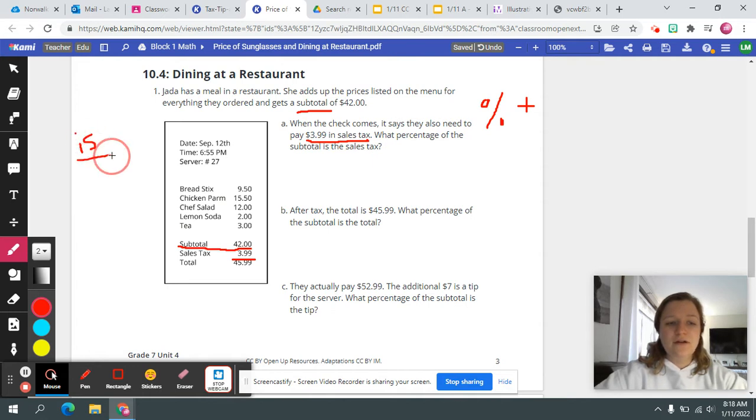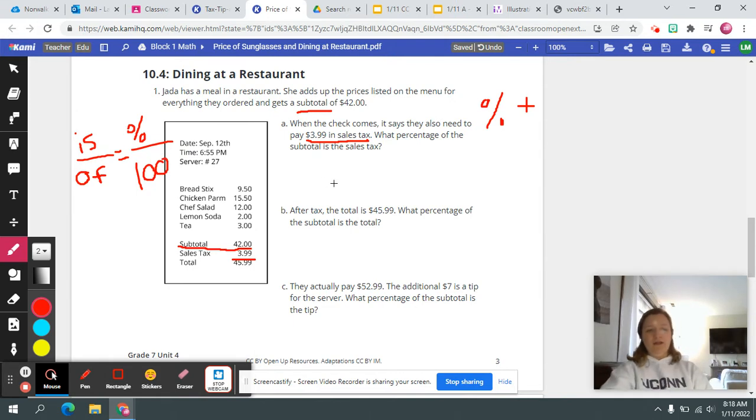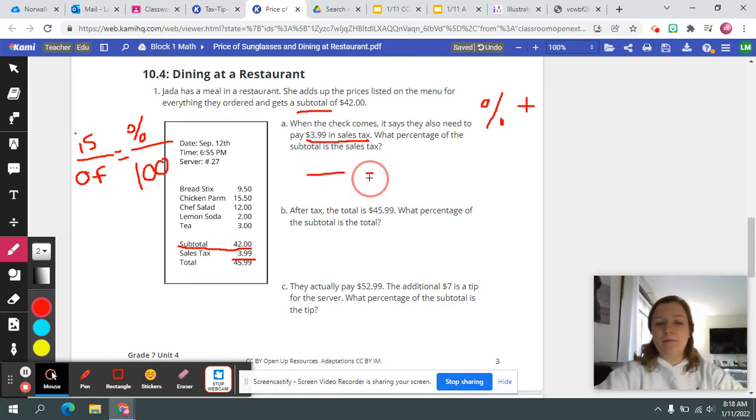So we're going to use that is over of equals percent over 100 here. Oh, this is tricky. All right, so it says what percentage of the subtotal. So of, that tells me that my subtotal, that $42, is going to go on the bottom of my proportion.